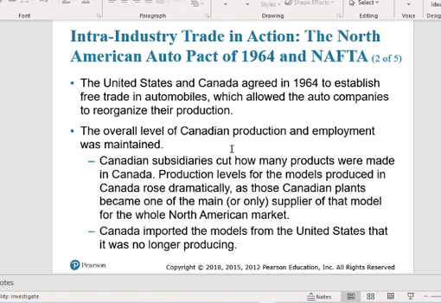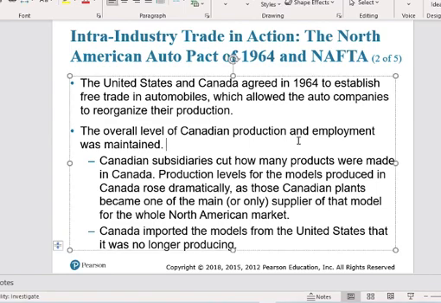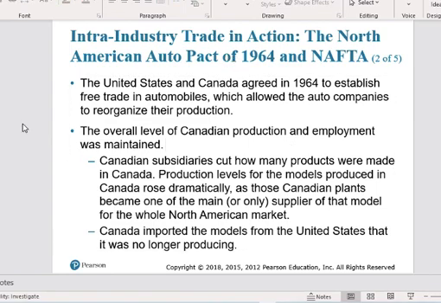And this is the worry a country usually has before opening its border. However, the real data, the actual data, shows us this is not true. Canadian plants did not lose any employment. Basically, production and employment were maintained at a similar level.